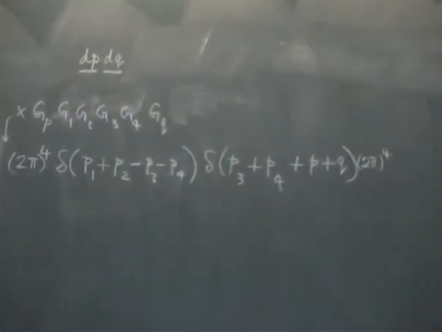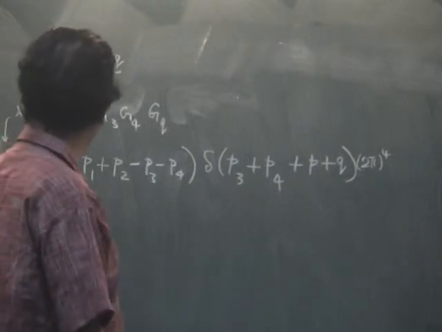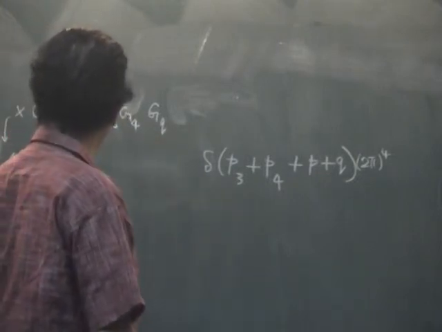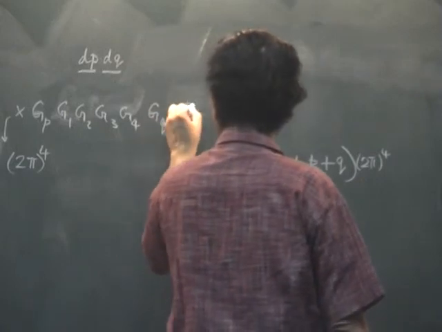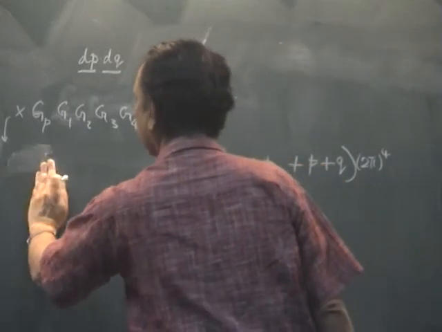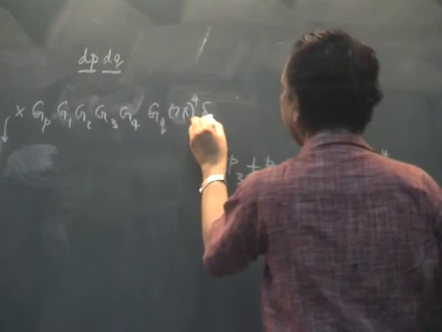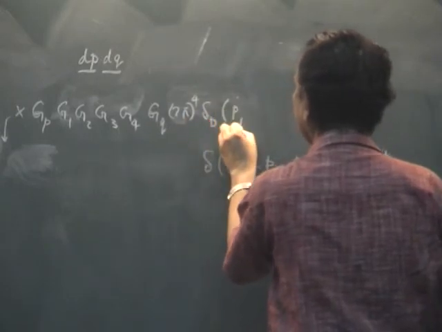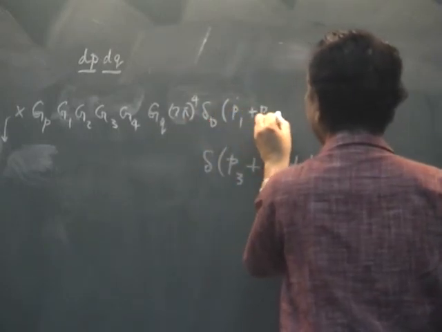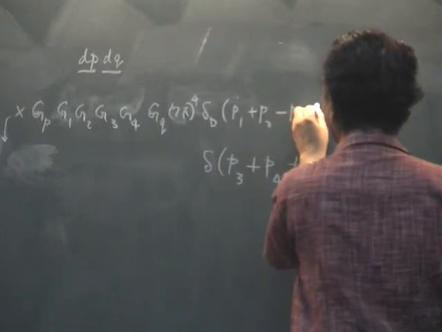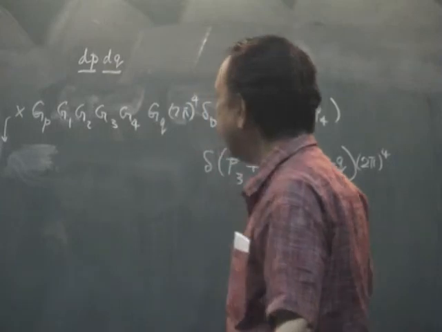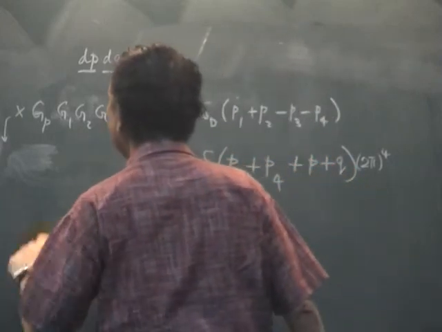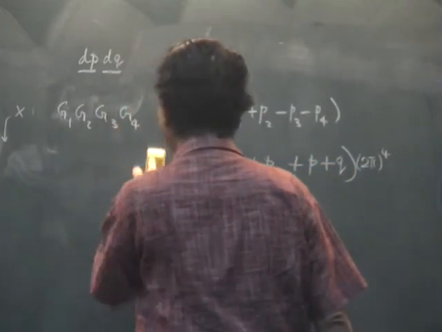So that just goes away. 2.4 delta function of P1 plus P2 minus P3 minus P4. That is the overall thing. So these are the things which I am going to finally ignore, so it doesn't matter. So what is left is just this G_P and G_Q.